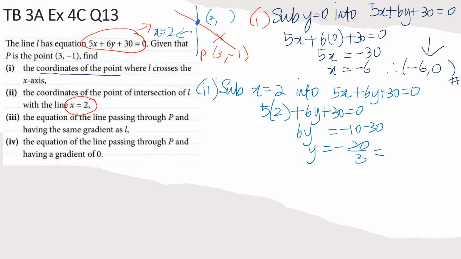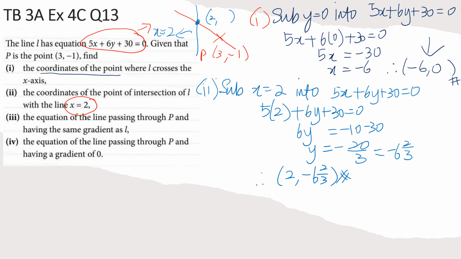You can leave it as a mixed fraction if you want to, which is -6 and 2/3. Therefore, how to present your answer? It must be the coordinates of the point. So the x coordinate is 2, the y coordinate is -6 and 2/3. So this is how we do part 2.